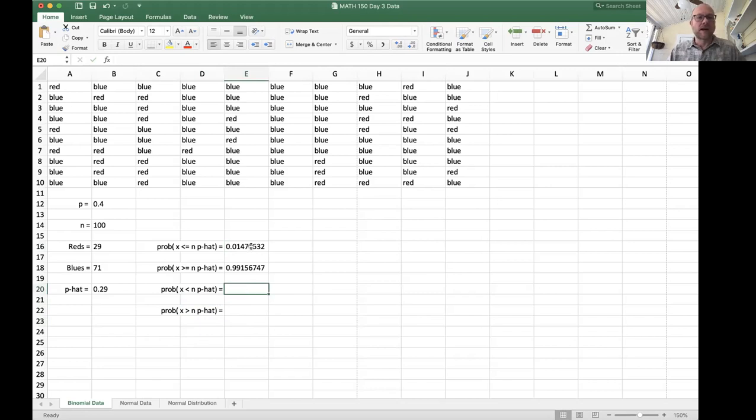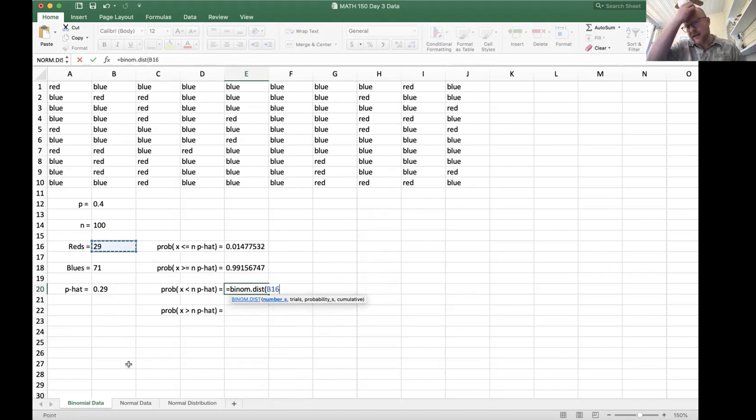So I'm going to actually try to use that code, but I've got to remember it, because if I copy it, it will move everything down. So equals binom dist, and I choose the 29 there, and I want to not include the 29.